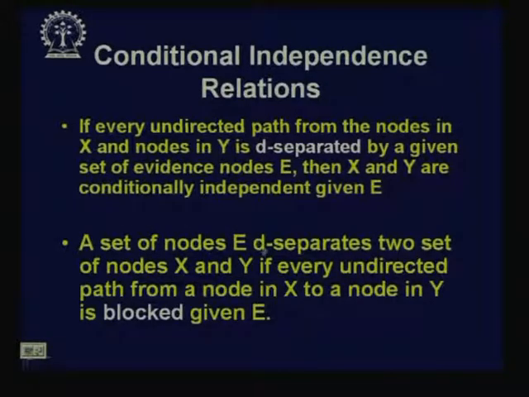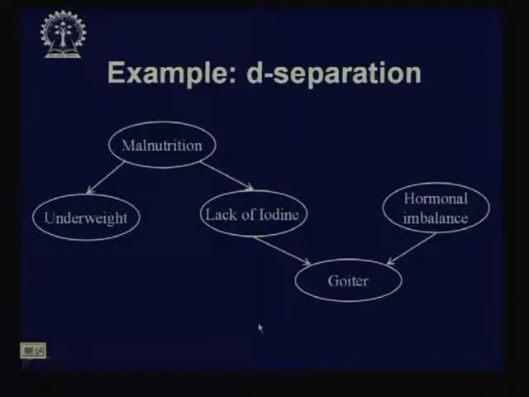A set of nodes E d-separates, say in this case lack of iodine was the case or malnutrition was the case, two sets of nodes x and y if every undirected path from x to y is blocked or goes through E, right, as was the case here. Every path from this set was going through this. There was no path which was bypassing this, right.